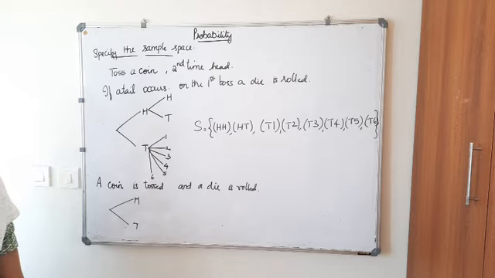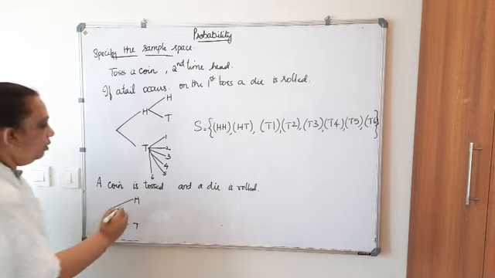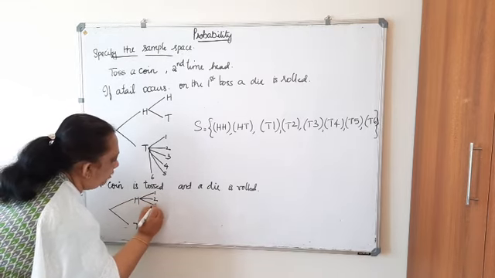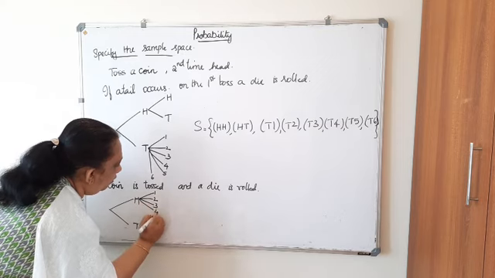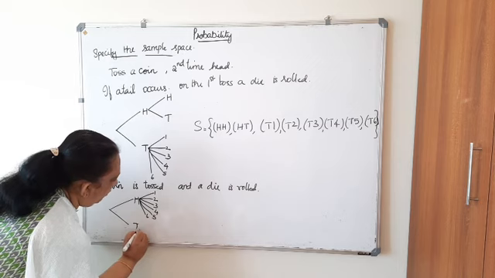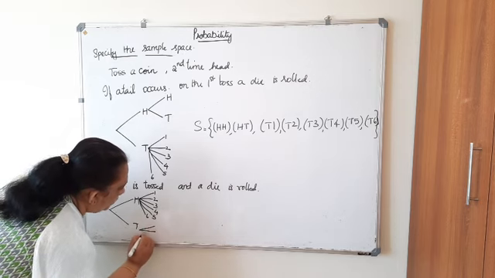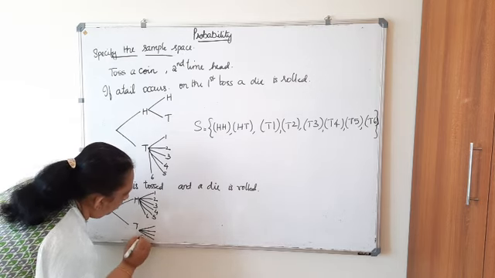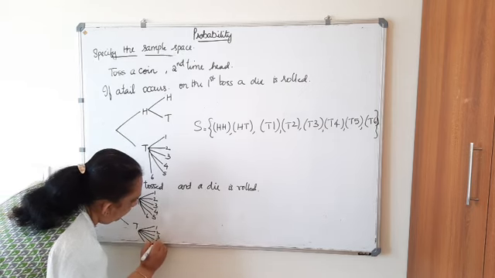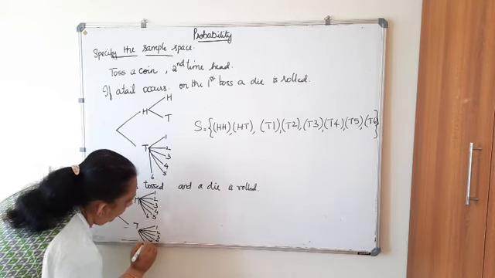So if a head occurs, a die is rolled. If a tail occurs, a die is rolled. So you can have 1, 2, 3, 4, 5, 6. If a tail occurs also, you roll a die, 1, 2, 3, 4, 5 and 6.